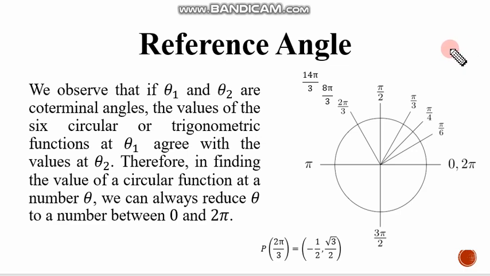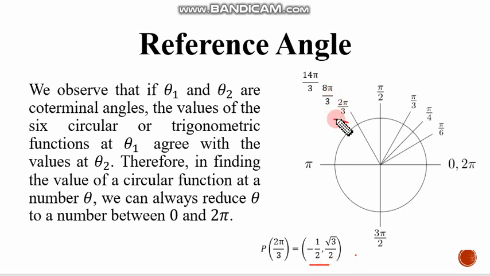The coterminal angle is explained already in the previous topic about angle measures. So please check it there if you've forgotten about that. But here, we remember if certain angles are coterminal, for example 2 pi over 3, with the values of x negative 1 half and y square root of 3 over 2.